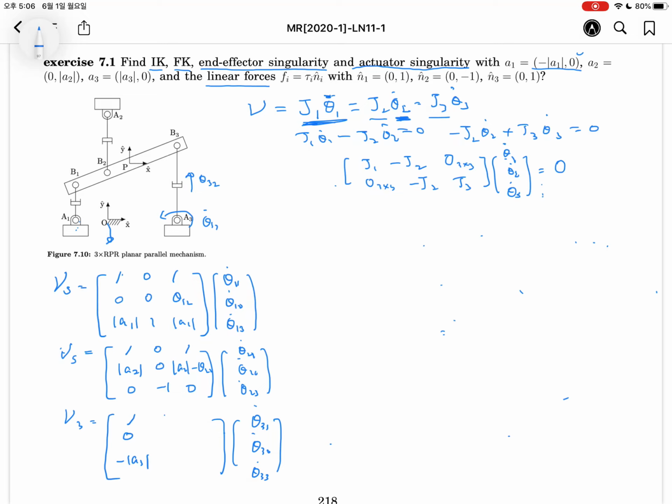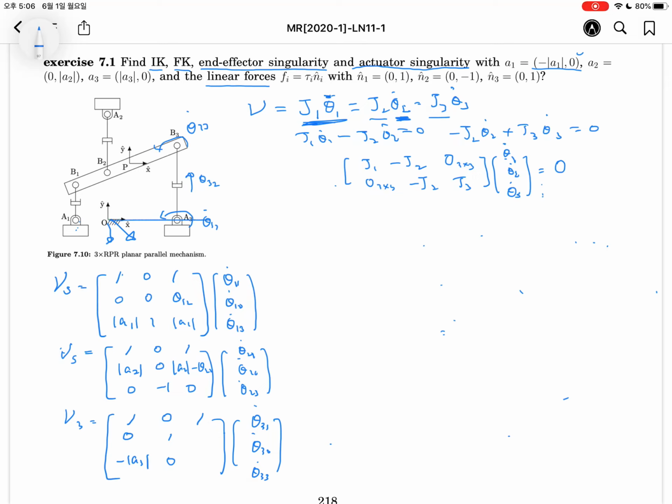This will be the linear movement, so the rotation part will be 0, 1, 0. Okay. And the third joint, this rotational movement, theta 33 dot, will make this kind of linear movement. So the rotation part will be 1.